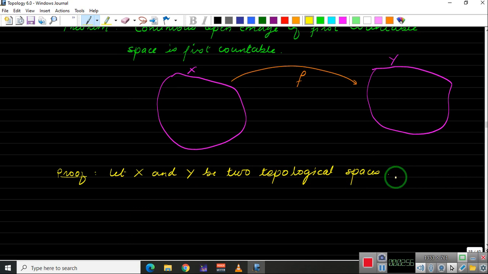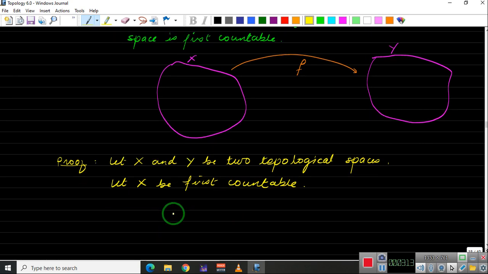Let us say that this X is first countable. We need to show that.